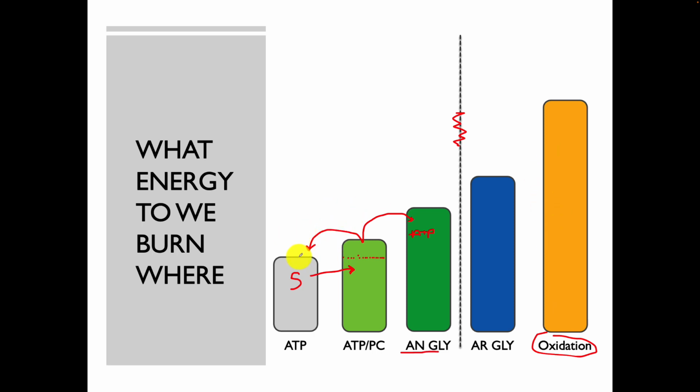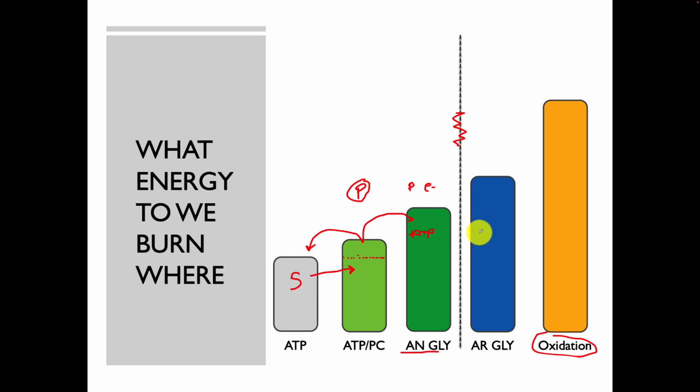So this first system here, ATP-PC, is purely a phosphate system. Anaerobic glycolysis is mostly phosphate, but also a couple of electrons.